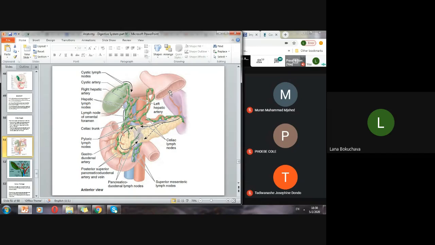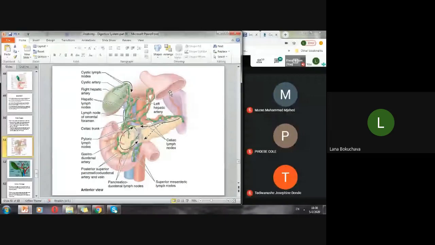Again, we have the first one, which we call the celiac trunk. And what was important about the celiac trunk is that it contains the splenic artery, the left gastric artery, and the common hepatic, we said. Then we said that the common hepatic is subdividing into the hepatic proper and the gastroduodenal.